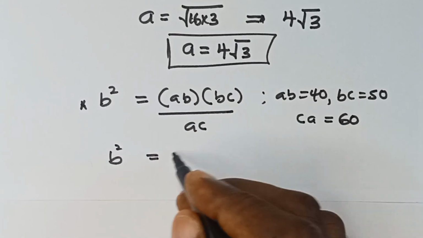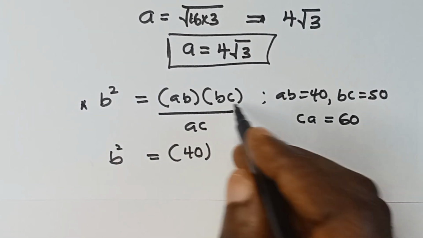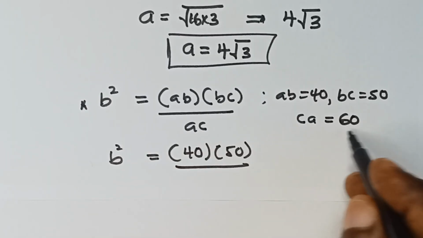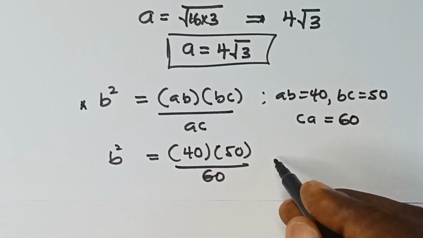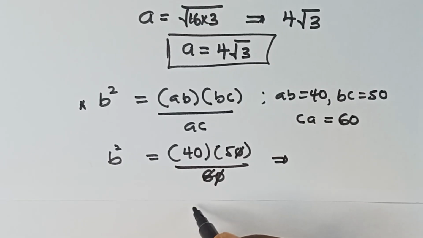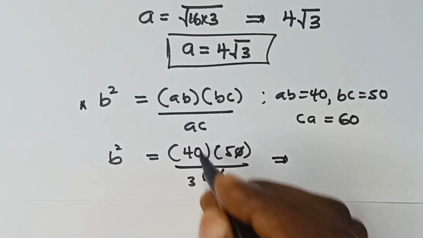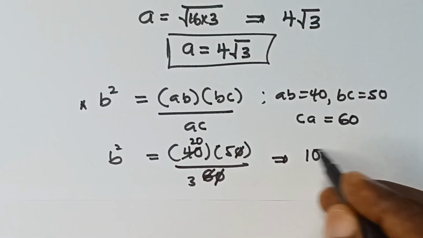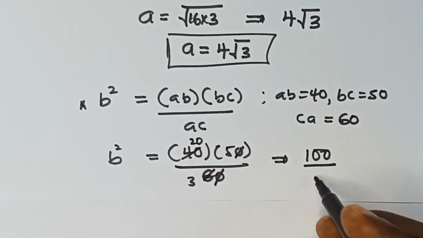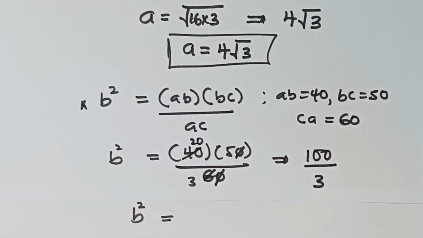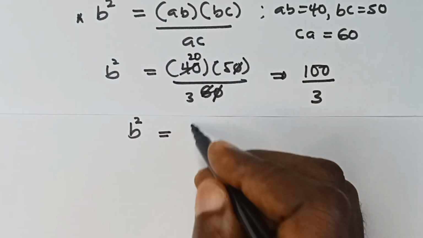AB is 40, so we have 40 multiplied by BC, which is 50, over AC, which is 60. By the time we divide this, 2 in 6 is 3, and 2 in 40 is 20. So we have 20 times 5, 100 over 3. All right, so B square equals 100 over 3.